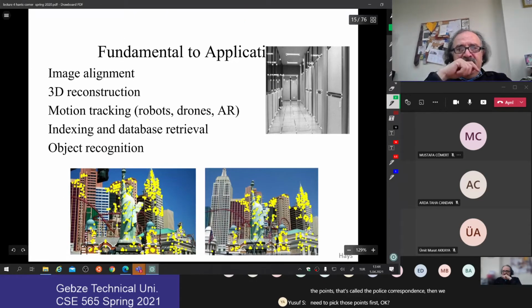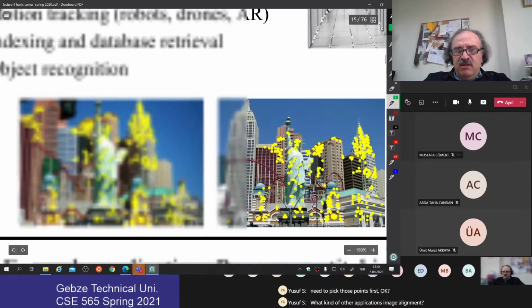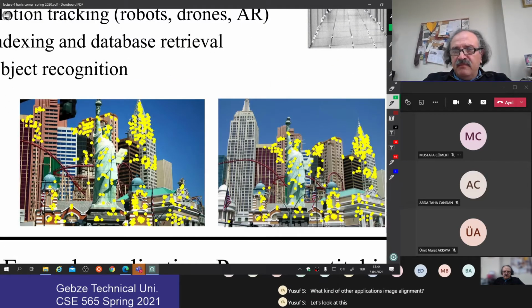What kind of other applications? Image alignment. Let's look at these two images. These two images are taken from two different points of the same scene, and these dots are selected as candidate correspondence points.